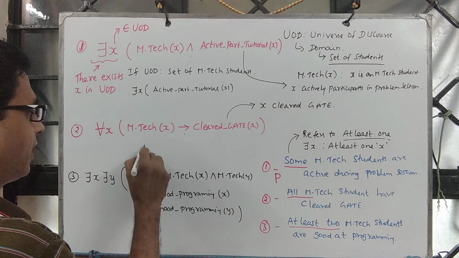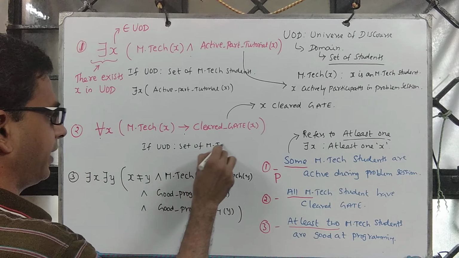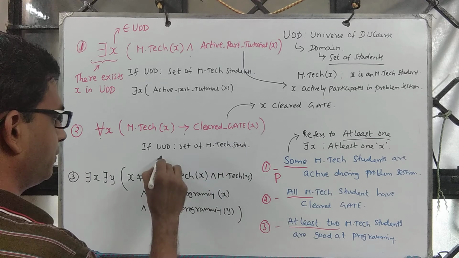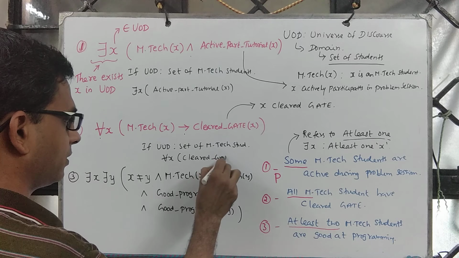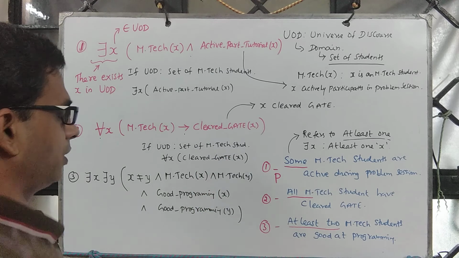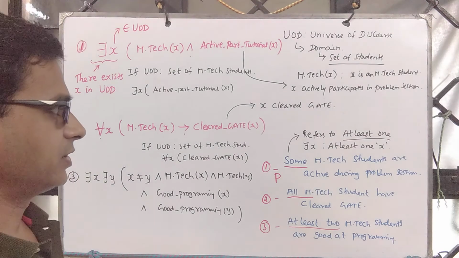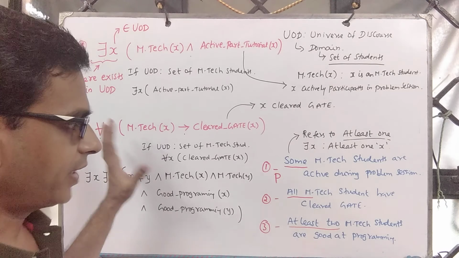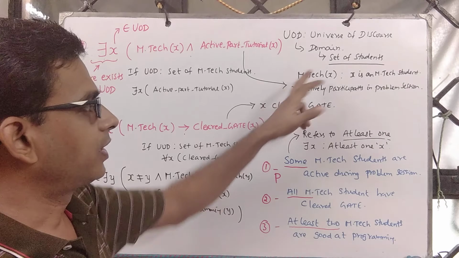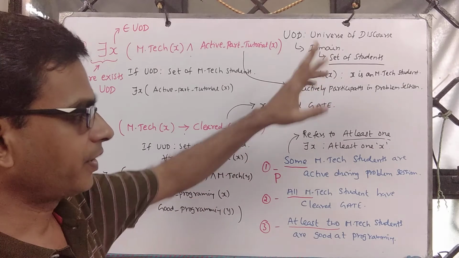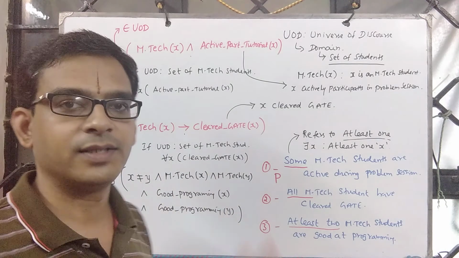You can simply say if UOD is set of MTech students, then you say for all x cleared gate of x. So according to the universe of discourse, the expression changes. So to begin writing a predicate logic for a given expression, you should ensure UOD is well defined, predicates are well defined, then focus on the quantifier and the expression.